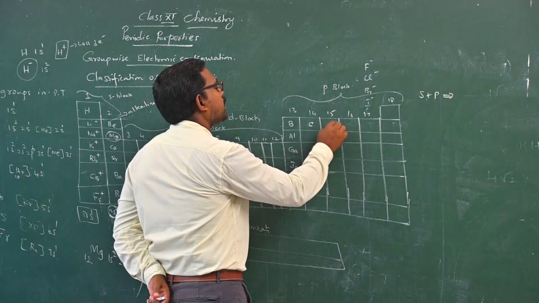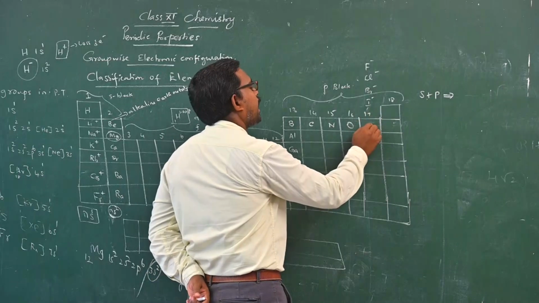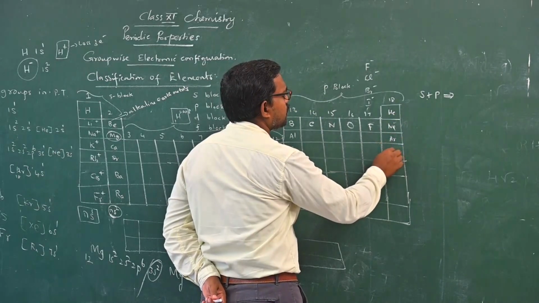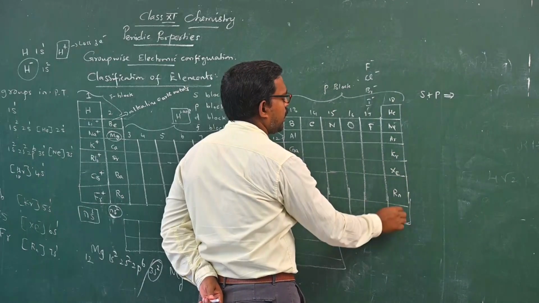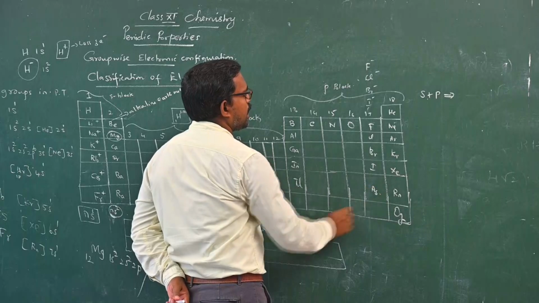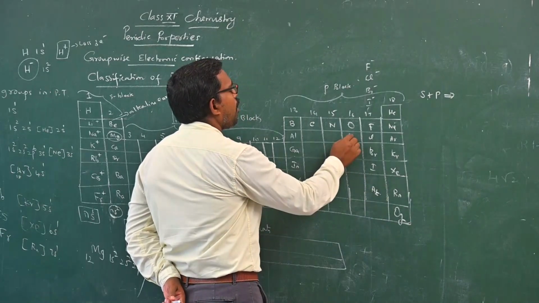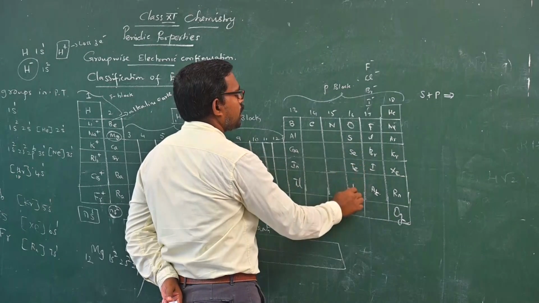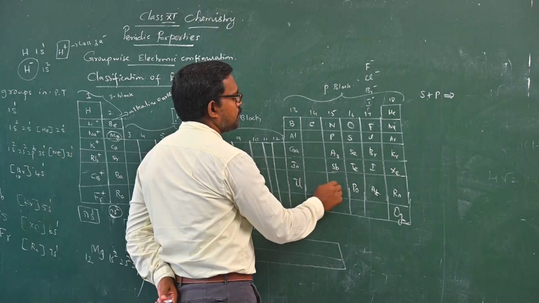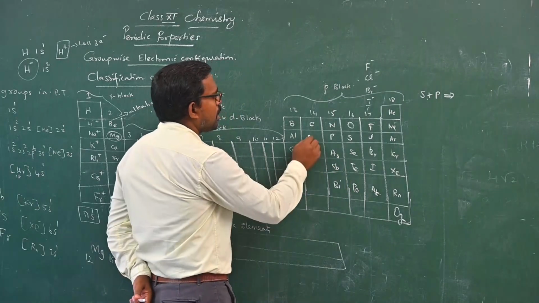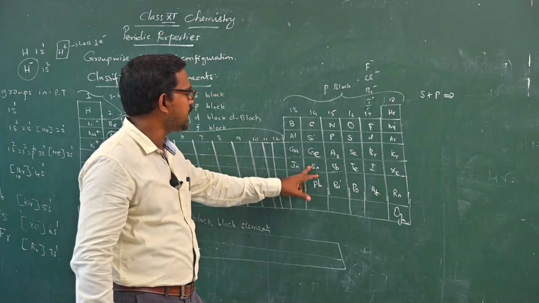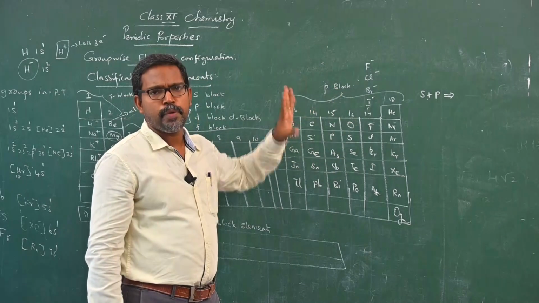Carbon family, nitrogen family, oxygen family, halogen family, noble gases: helium, neon, argon, krypton, xenon, radon and oganesson; fluorine, chlorine, bromine, iodine and astatine; oxygen, sulfur, selenium, tellurium, polonium; nitrogen, phosphorus, arsenic, antimony, bismuth; carbon, silicon, germanium, tin, lead. So these are the elements present in the P block.